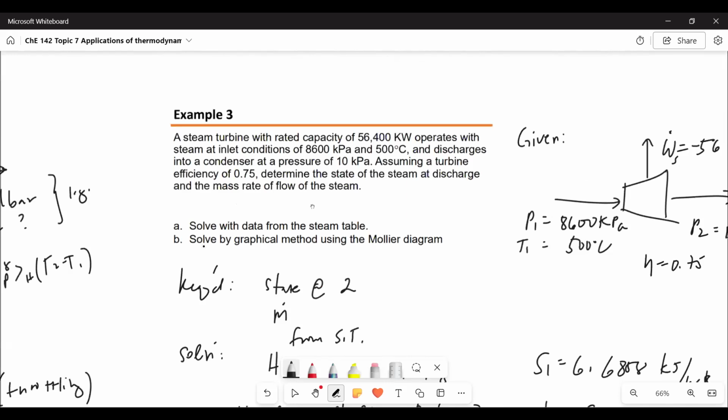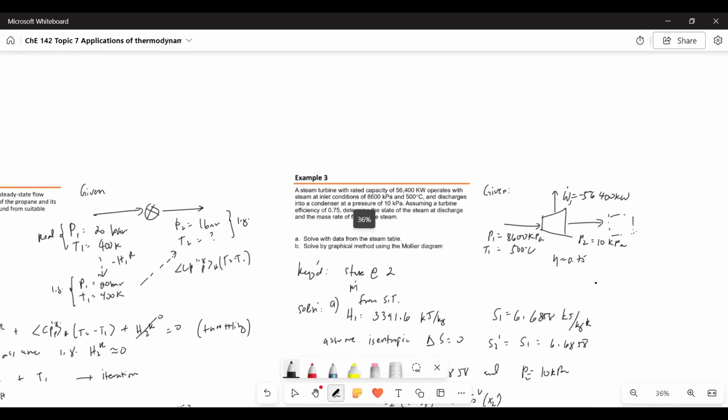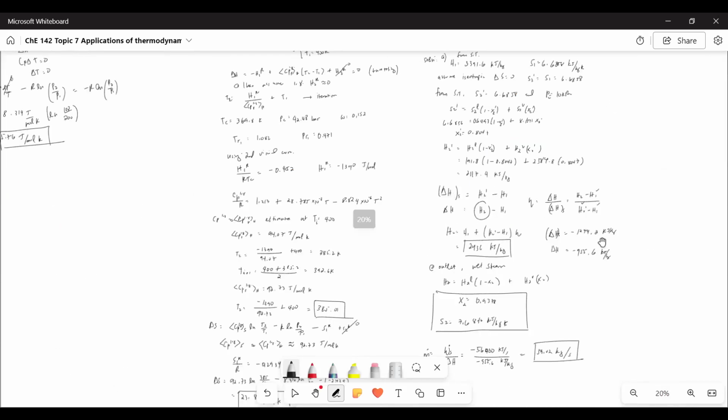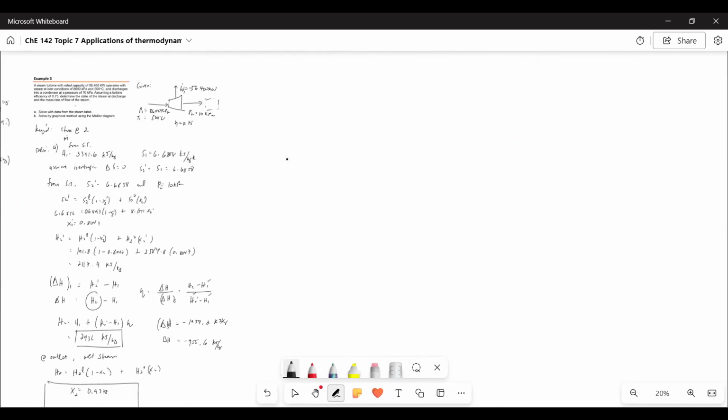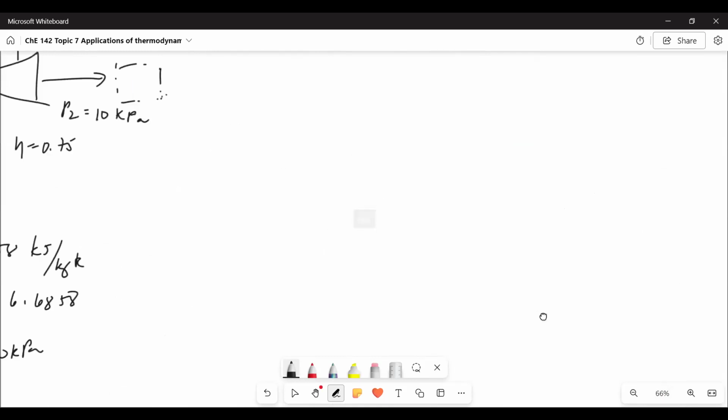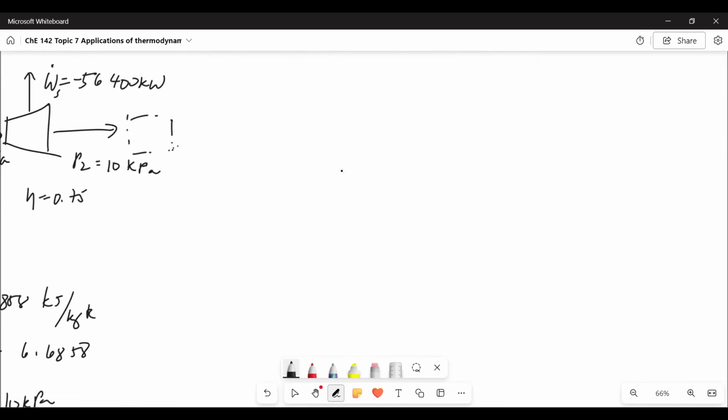Letter A, steam table. So let's try, where do we write letter B? Here, we write letter B here. Letter B, we use the Mollier diagram.